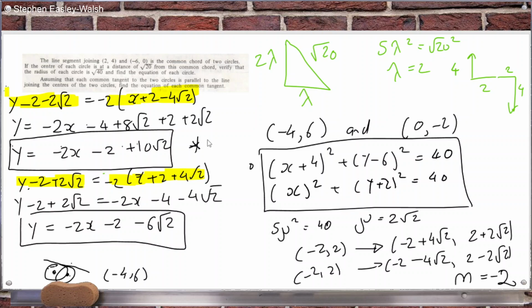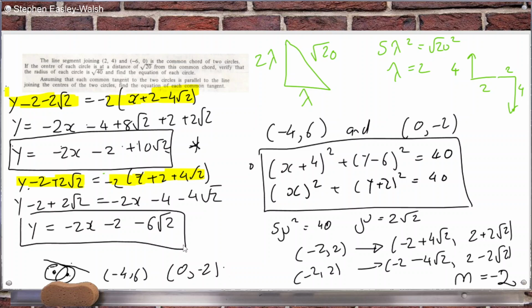That is root 40. That's excellent. And let's check it with the other point, 0 minus 2. So that would be 0 minus 2 plus 2 minus 10 root 2 divided by root 5. Yeah, it's also root 40. So the distance between minus 4, 6 and 0 minus 2 and that line is root 40.